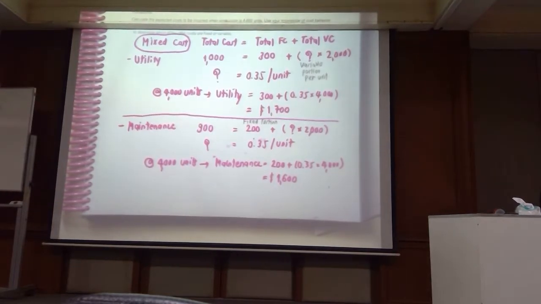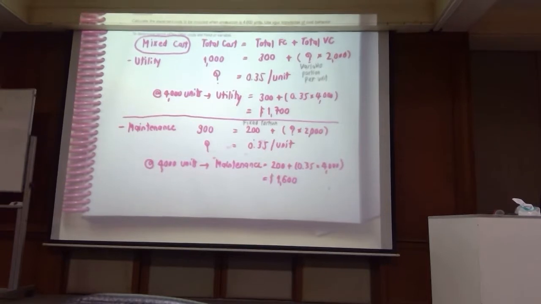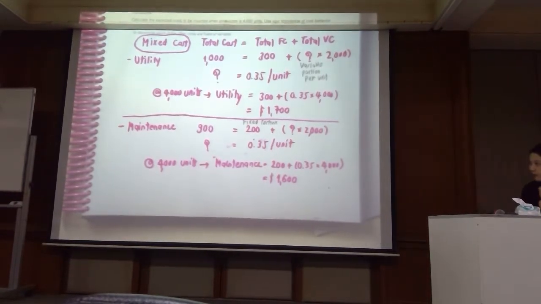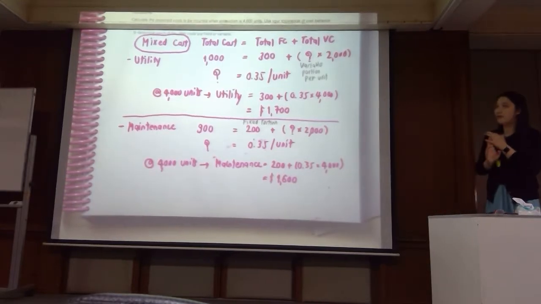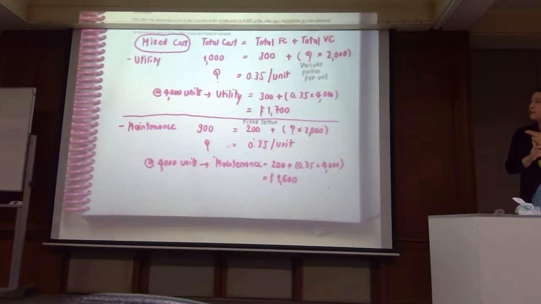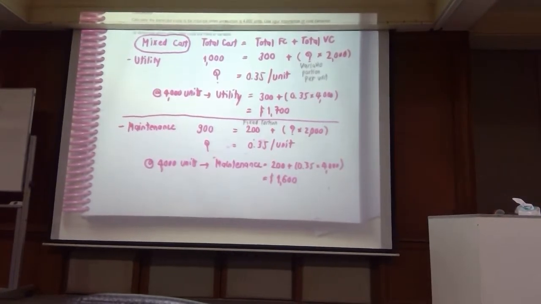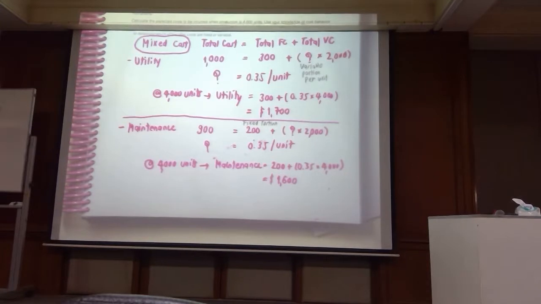So this is how we compute the mixed cost at any level of activities. Okay, we need to separate fixed and variable, and then we can compute. So you guys get the same answer, right? Actually, I walk around, it seems like many of you get the right answer. Okay, so it seems like this one is still easy, right? Still okay, right? It's getting harder. Let's move on then.